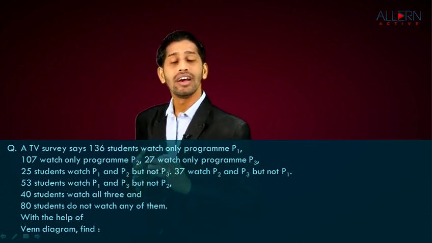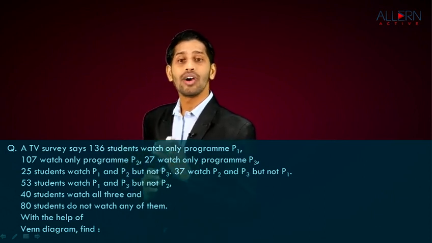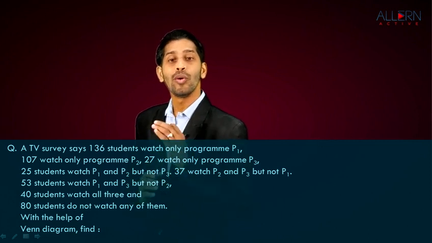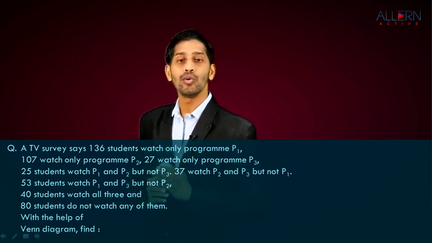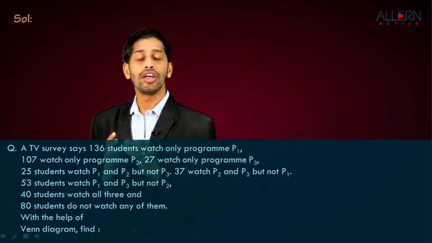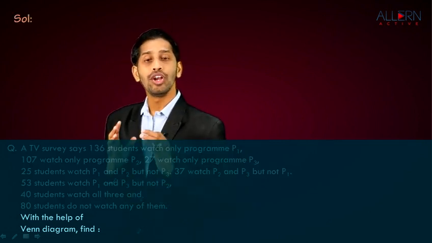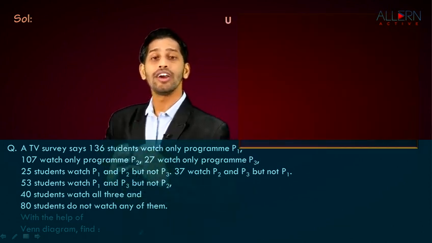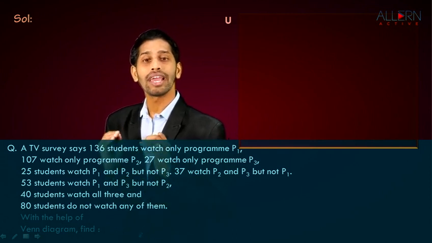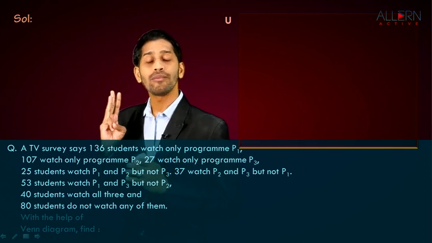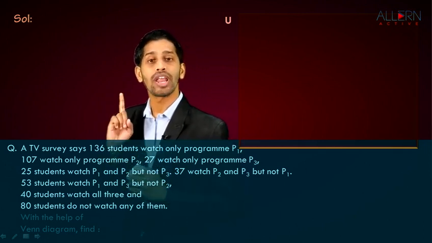It says that a TV survey says 136 students watch only program P1, 107 watch program P2 and 27 watch program P3. So in order to start with the Venn diagram, we'll draw a rectangle which is represented by a universal set denoted by capital U. There are three programs mentioned in this sum, that is program P1, program P2 and program P3.